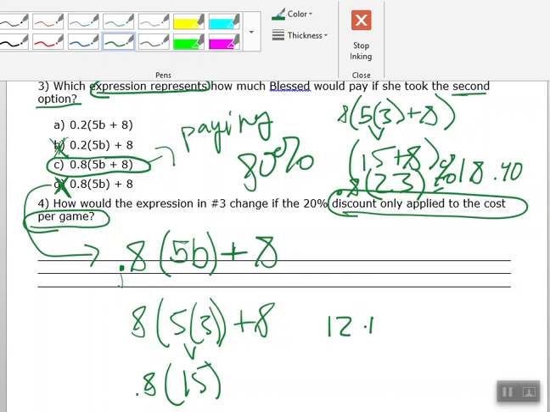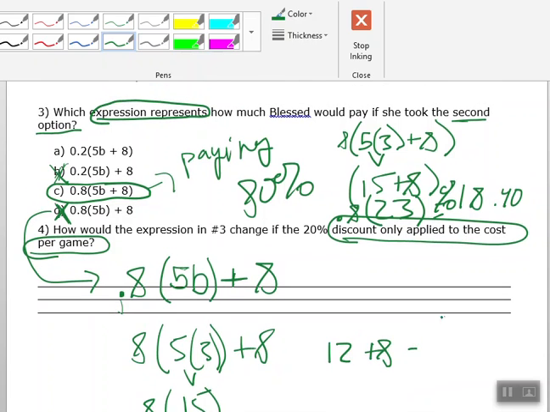All right, and then I add those 8. 12 plus 8 is 20. So you see here when I only have that discount on the number of games, I end up spending a little bit more.